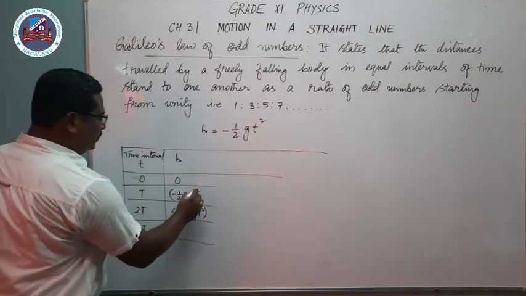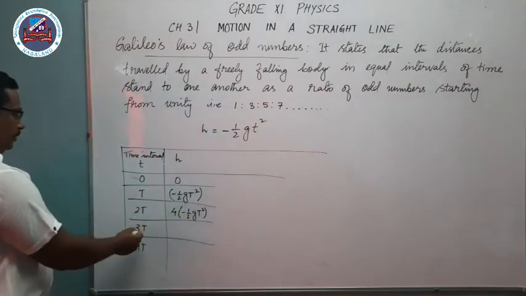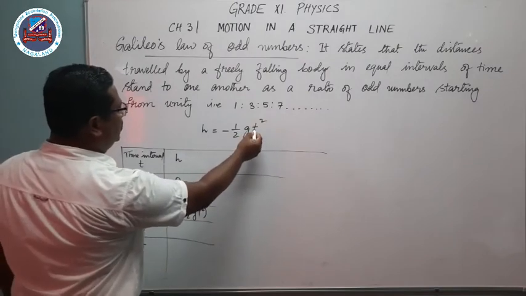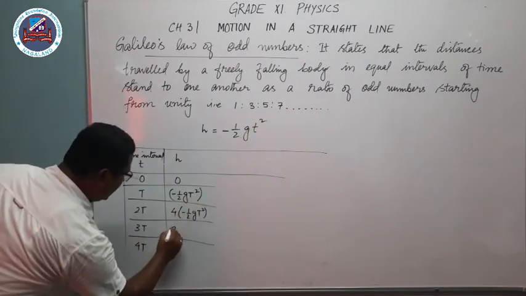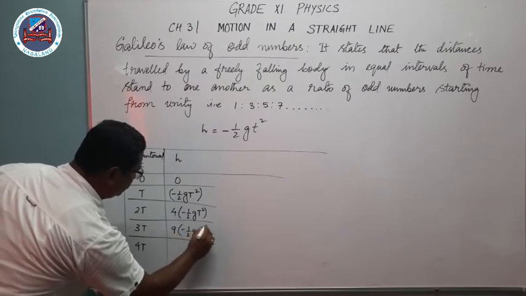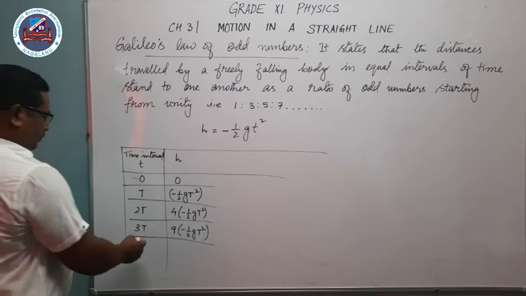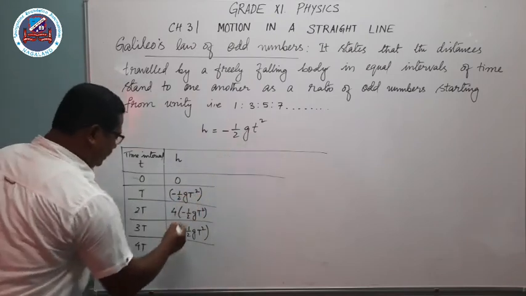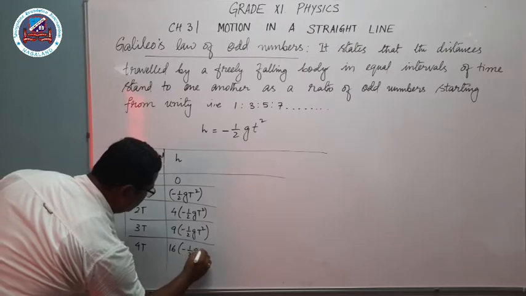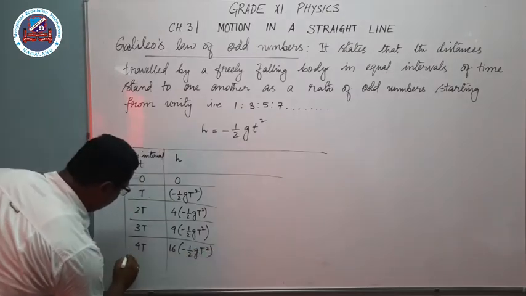Then for 3t, 3 square is 9, so it becomes 9 times minus half of gt square. For 4t, 4 square will become 16 times minus half of gt square. Like that it will go on.